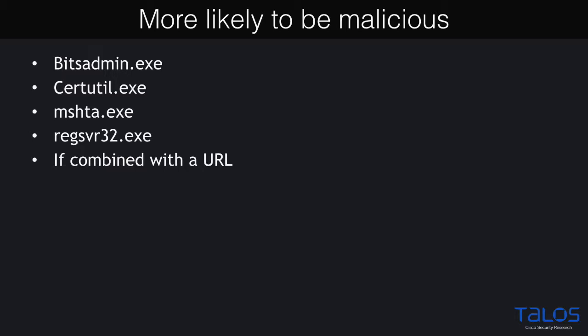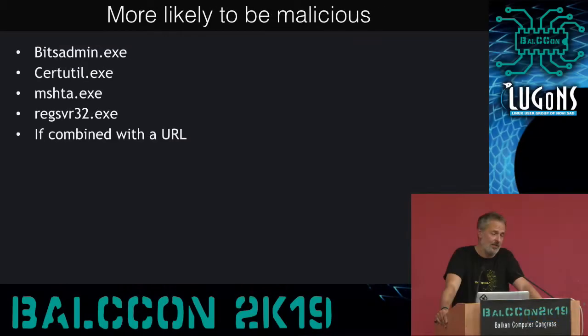So I just mentioned a few other tools that are more likely to be malicious, or at least they are good for me because I can see that they've been invoked with a URL, and then I can investigate the URL. In my case, if PowerShell is invoked with an actual PowerShell script file, my software will not allow me to see what that file is.